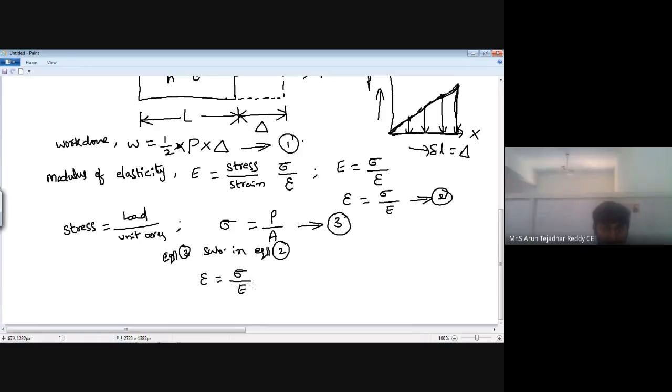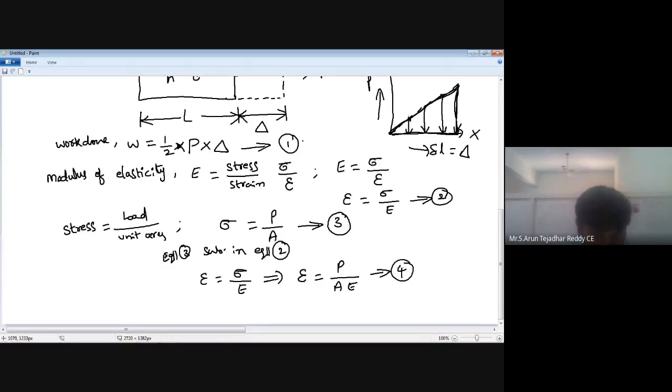In place of stress, substitute P by A. That we can write as P by A into E. Then give equation number 4.